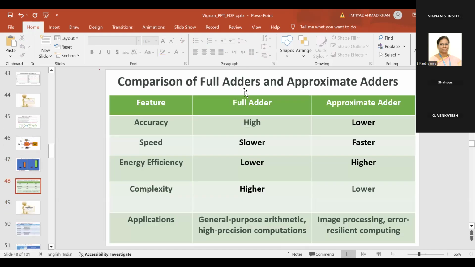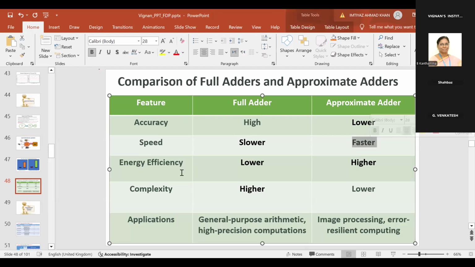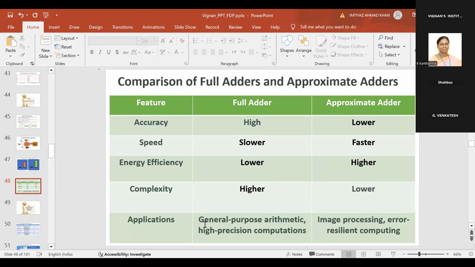Comparison of full adder and approximate adder: accuracy is high for the full adder and lower for the approximate adder; speed is slower for the full adder but faster for the approximate adder; energy efficiency is lower for the full adder and higher for the approximate adder; complexity is higher for the full adder, but I have cut down some parts of the circuit, so the approximate adder is lower. Applications: general purpose arithmetic and high precision computations versus image processing and error resilient computing.